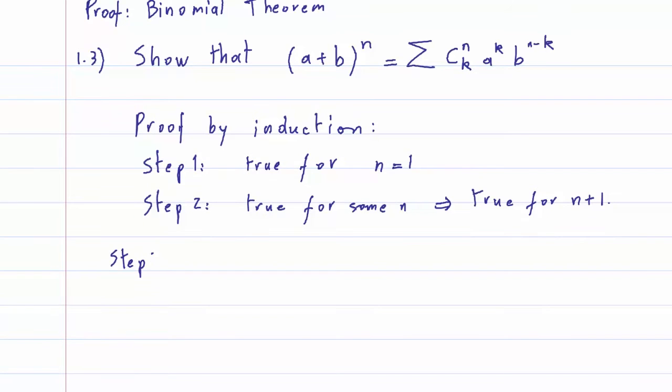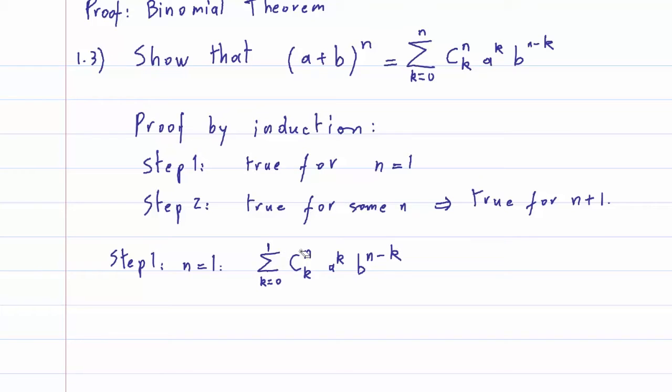Step 1, for n equals 1, and so let's look at this complicated term here. Oh, by the way, it goes from k equals 0 to n. So the sum for k equals 0 to 1 of C(k, n) a^k b^(n-k).